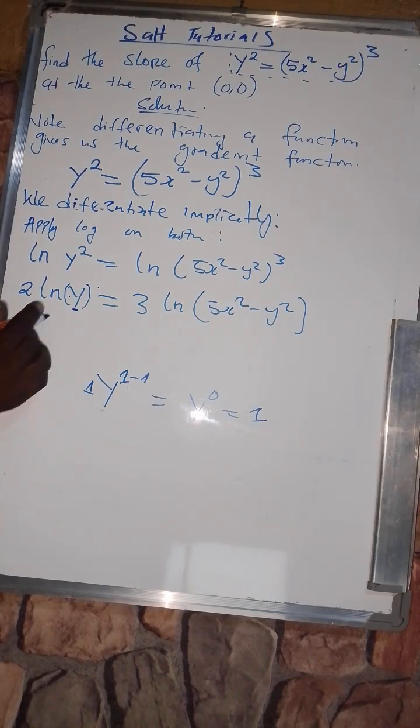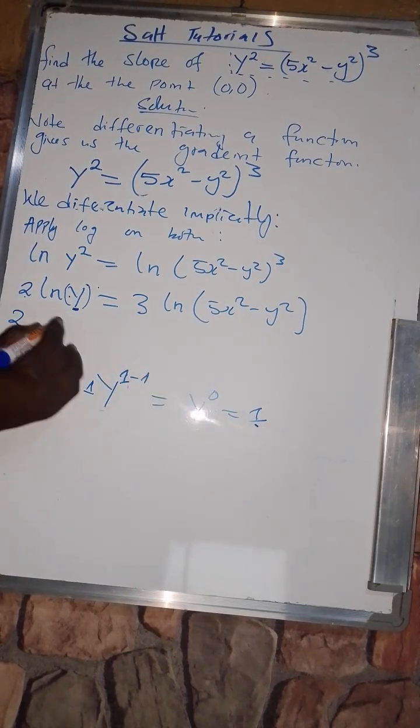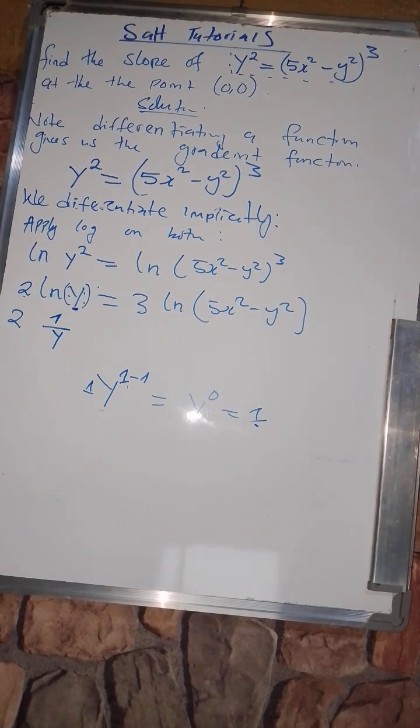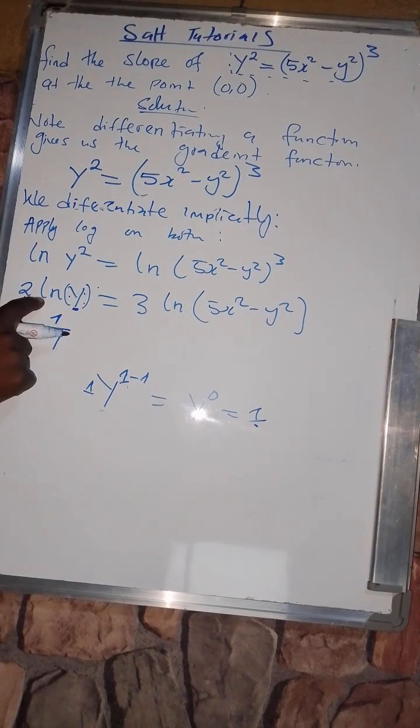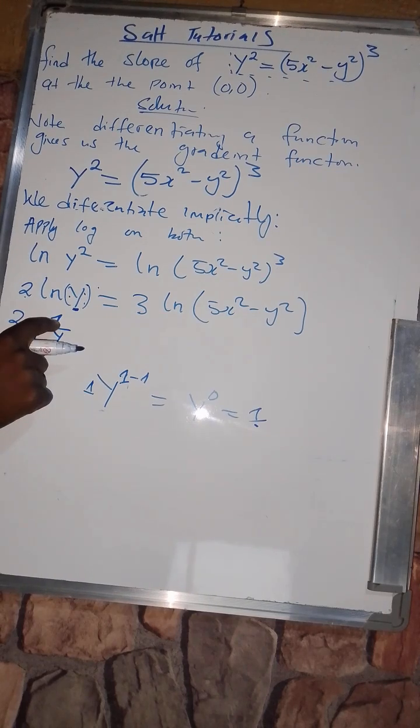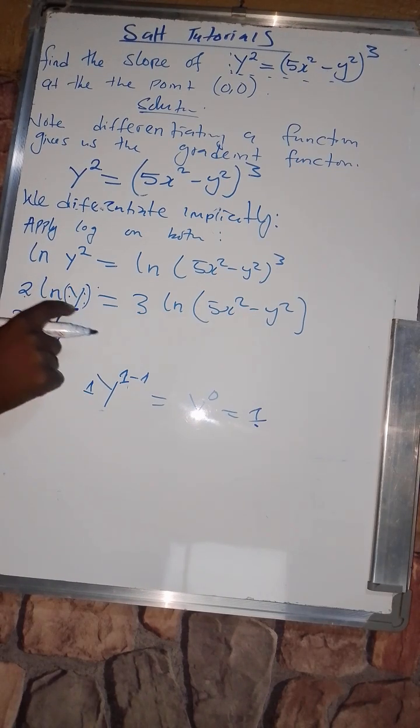The constant will maintain to be 2. So the derivative of the natural log of y is basically 1 over y, because 1 is the answer for differentiating y, and y is what was inside.